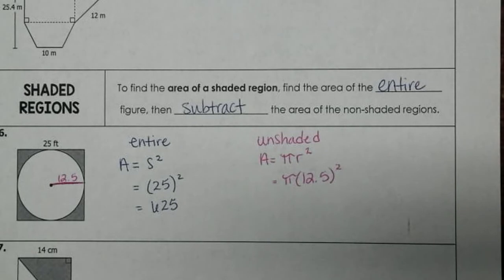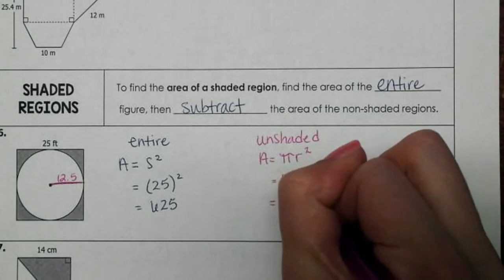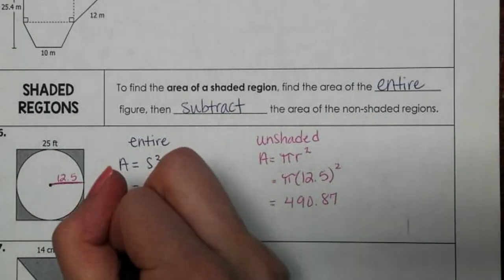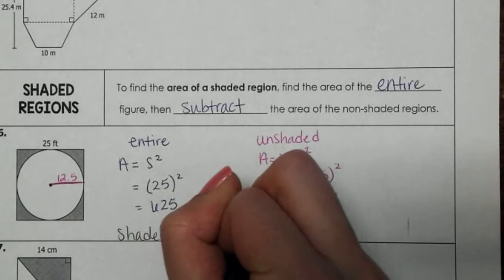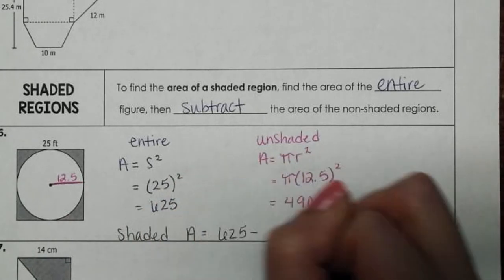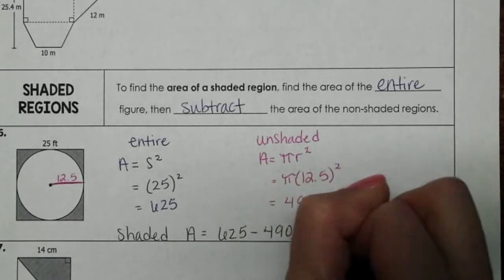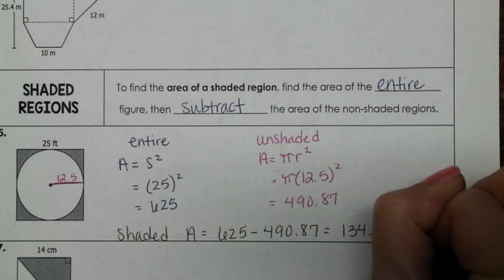Let's go ahead and calculate that. That gives you 490.87. So to find the area of the shaded region, you have to subtract 625 minus 490.87 to get 134.13 feet squared.